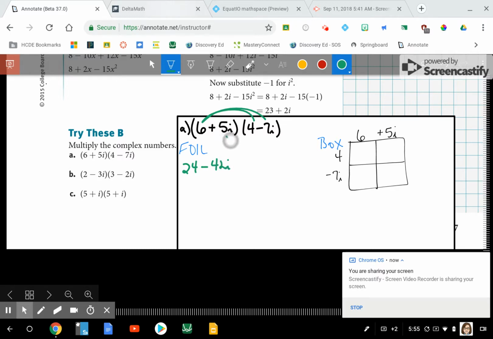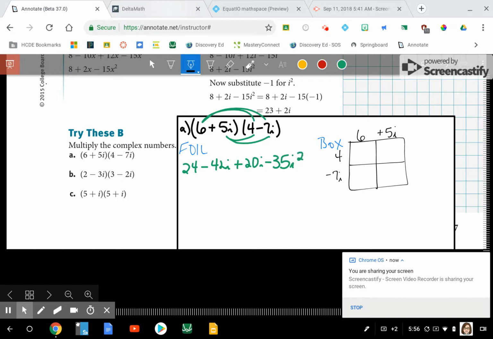And then we'll do 5i times 4, so that's a positive 20i. And then last, 5i times negative 7i. Well, 5 times negative 7 is negative 35, but then we have i times i, so that's an i squared. So it's negative 35i squared.